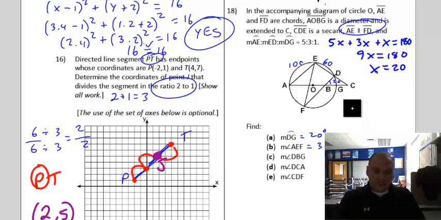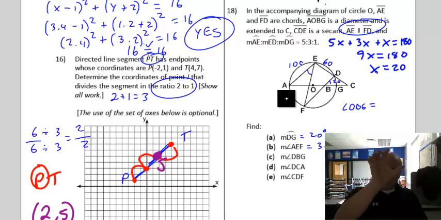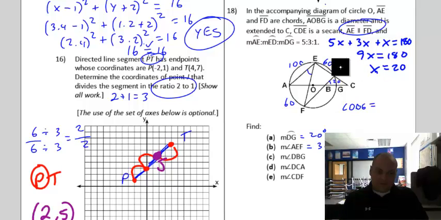So for angle DBG, it's going to be arc plus arc divided by 2. Now, this was 30, so this arc must be 60. That's important. Plus, parallel chords make equal arcs. So if this is 60, this must be 60. That's another way to look at it.